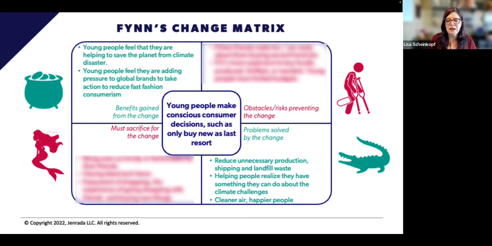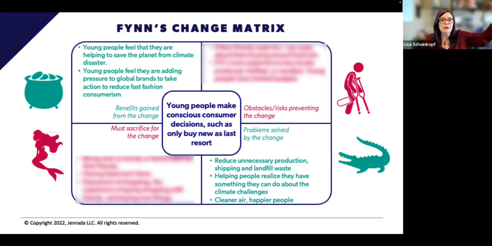I'm going to start on the top right. This top right quadrant's icon is the person on crutches. Let's think that maybe that pot of gold is up on top of a mountain somewhere and I need to climb that mountain in order to get to it. The only way my problems will be solved and my benefits will be gained is if I climb to the top of this mountain.